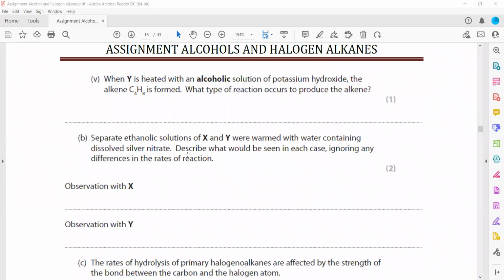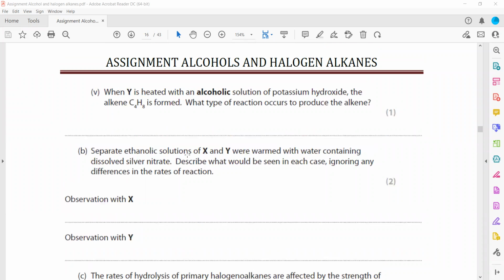The next one: when Y is heated with an alcoholic solution of potassium hydroxide, an alkene is formed. What type of reaction? So this we call elimination.